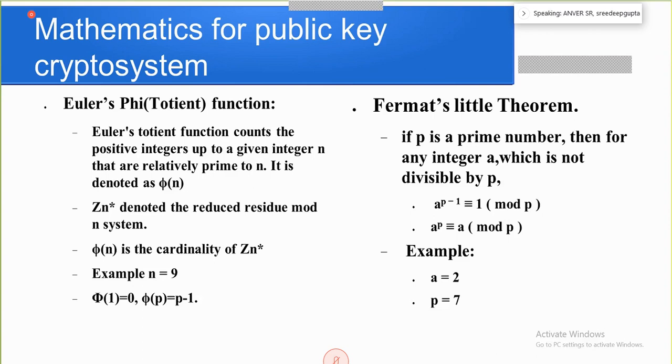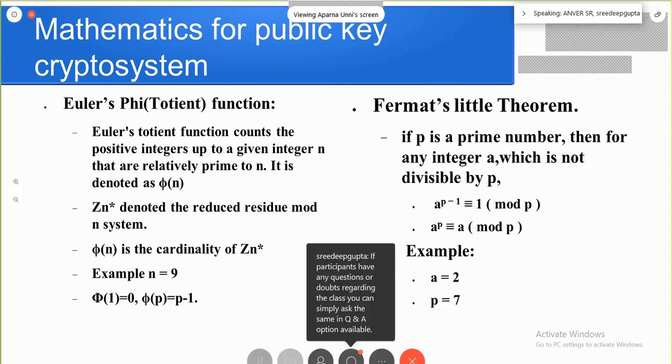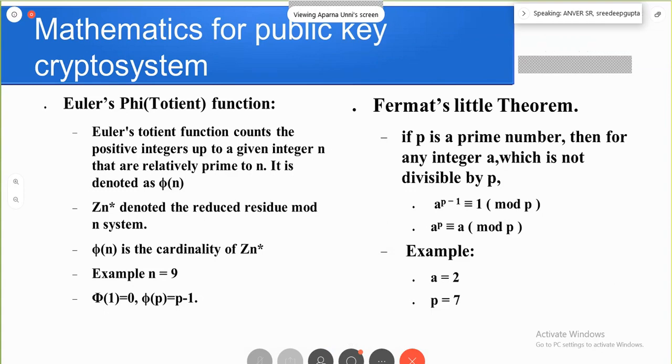That means a and p are relatively prime. That is the first statement, and the second statement is a raised to p is congruent to a mod p. That is, we are multiplying both sides with a, so a raised to p minus 1 into a, that is a raised to p, is congruent to a mod p. You can consider this example: a is equal to 2 and p equal to 7, and you can see the result.